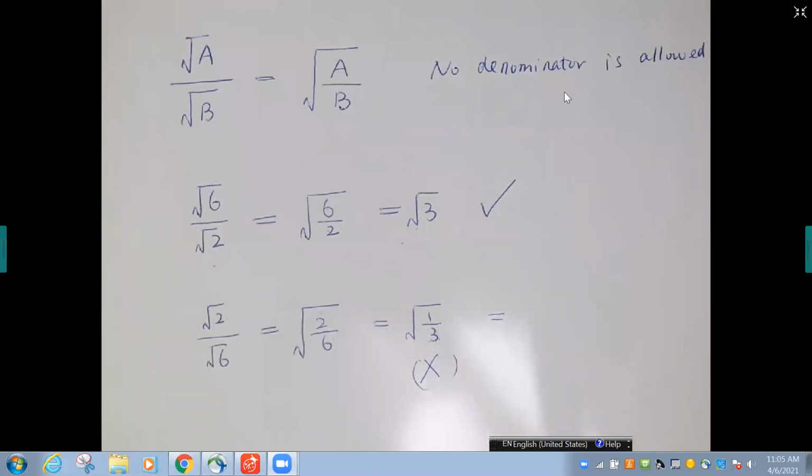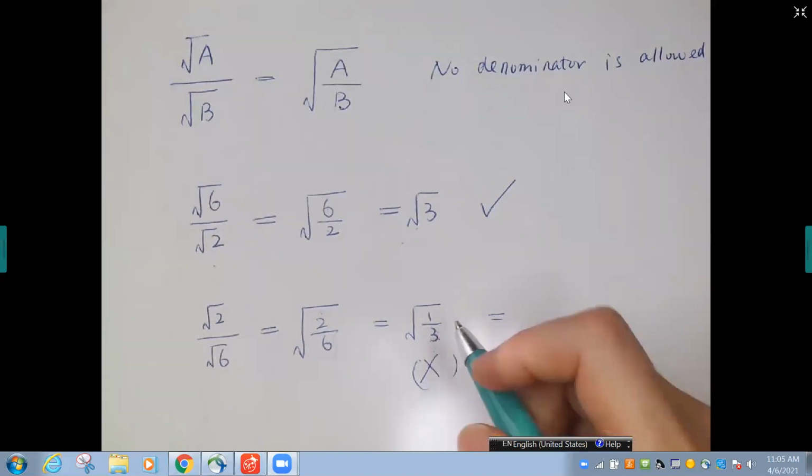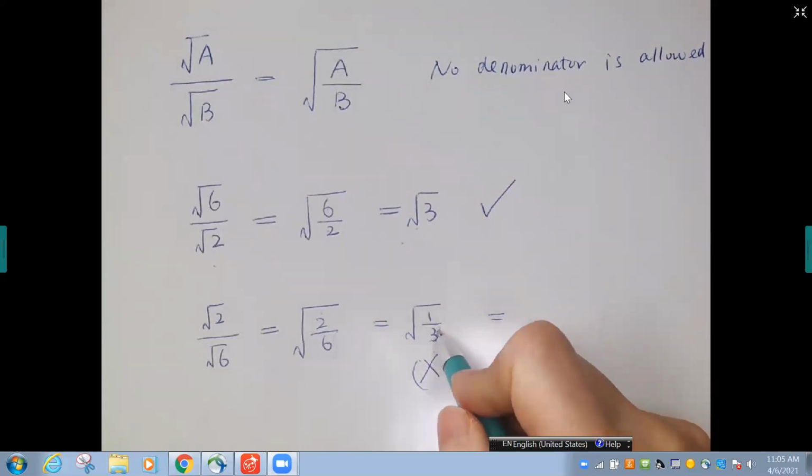But this 3, its exponent is 1. So we want to move 3 out, but we cannot now. If I have a square here, I will be able to move 3 out.